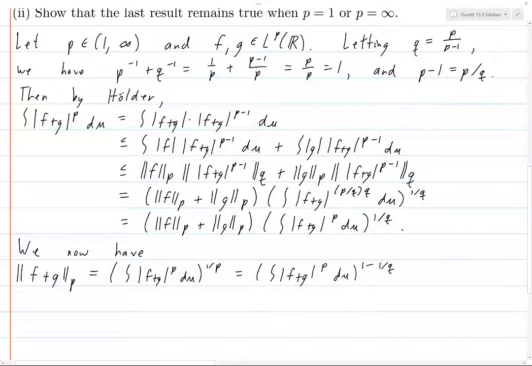We have the integral of f plus g to the p d mu times the integral of f plus g to the p d mu to the power of minus 1 over q.